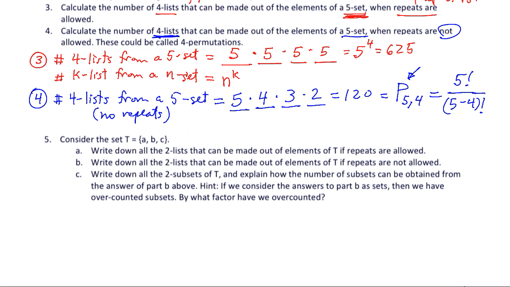And this is 5 times 4 times 3 times 2 times 1 over 1 factorial, which is the same thing we have over here, 5 times 4 times 3 times 2, because the 1's and the 1 factorial cancel. So 2 ways to do this. There's one using the permutations formula, and another one directly using the counting principle. Okay? Hope that helps.